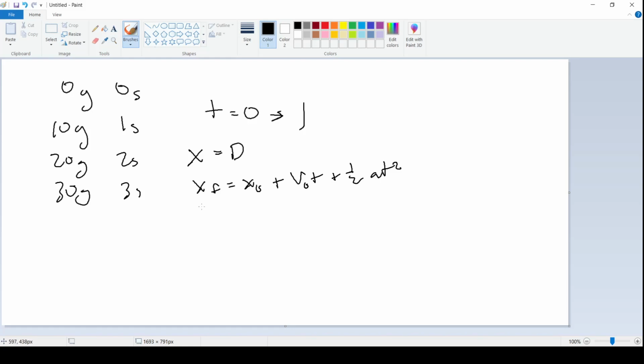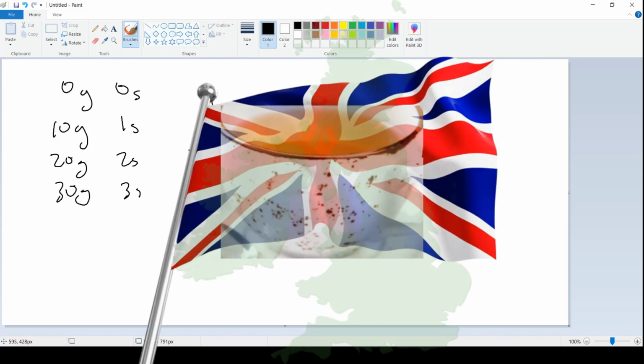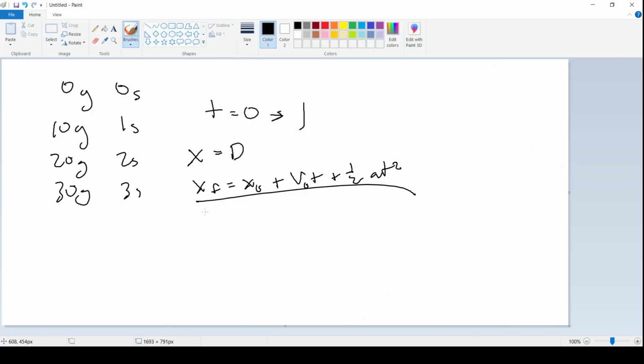So 19 floors, but wait, you're supposed to do this in meters, not floors. For the sake of math today, we're gonna do it in floors. We're gonna say 1 floor is 1 meter because we're all midgets. 19 equals 20 plus 0t plus half a, time is 1 in this case, squared.